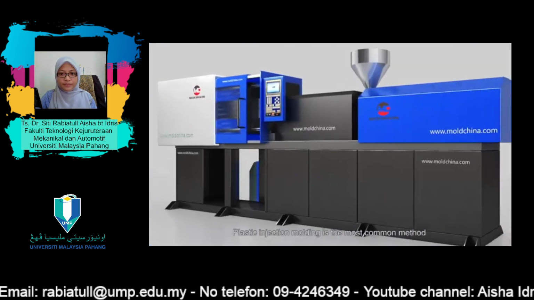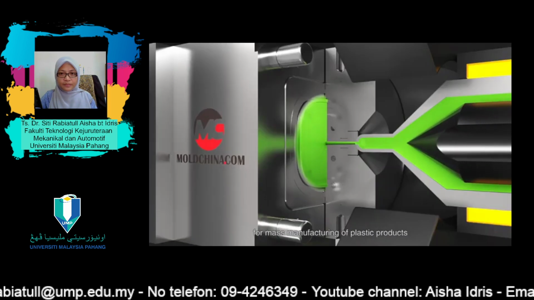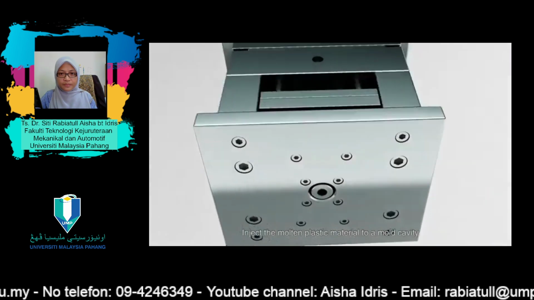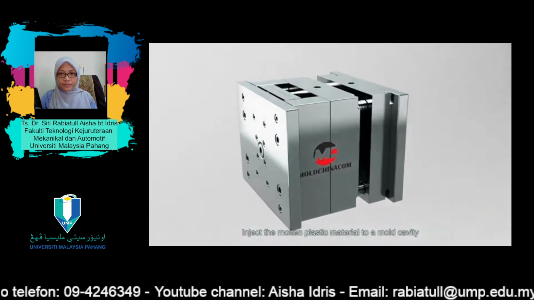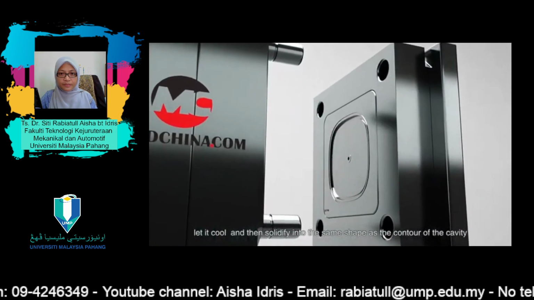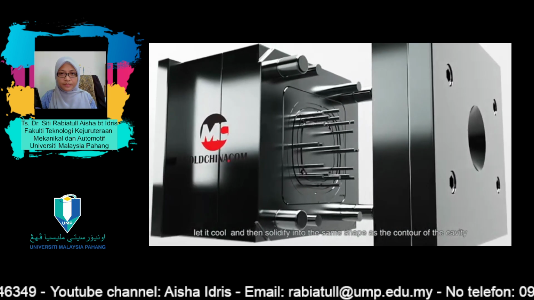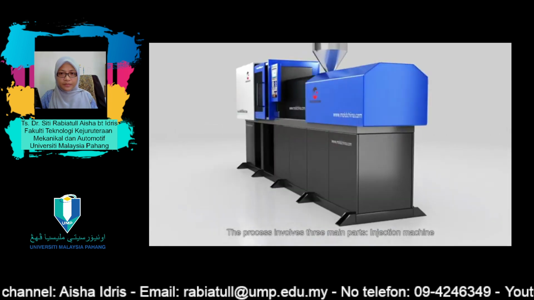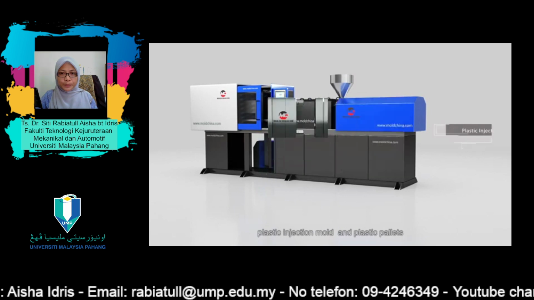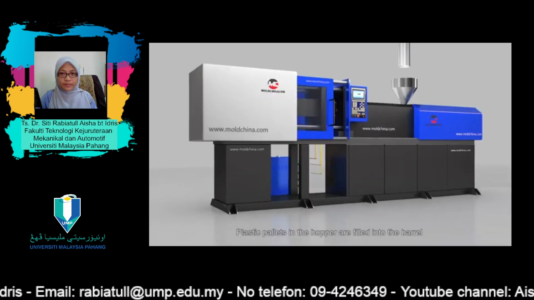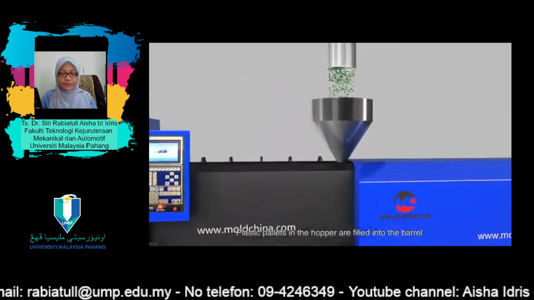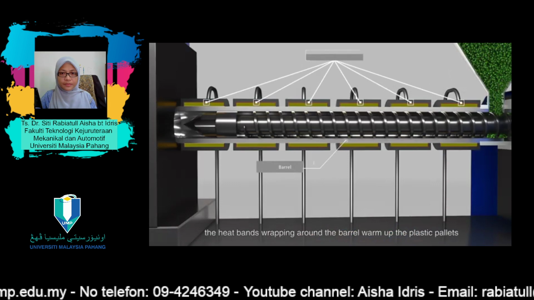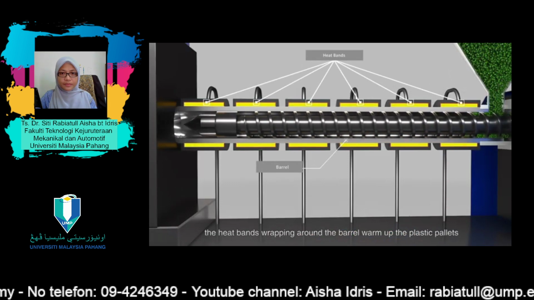Plastic injection molding is the most common method for mass manufacturing of plastic products. The principle is simple. Inject the molten plastic material to a mold cavity, let it cool, and then solidify it into the same shape as the contour of the cavity. The process involves three main parts: injection machine, plastic injection mold, and plastic pellets. Plastic pellets in the hopper are filled into the barrel. Then, the screw transports the pellets forward. The heat bands wrapping around the barrel warm up the plastic pellets.